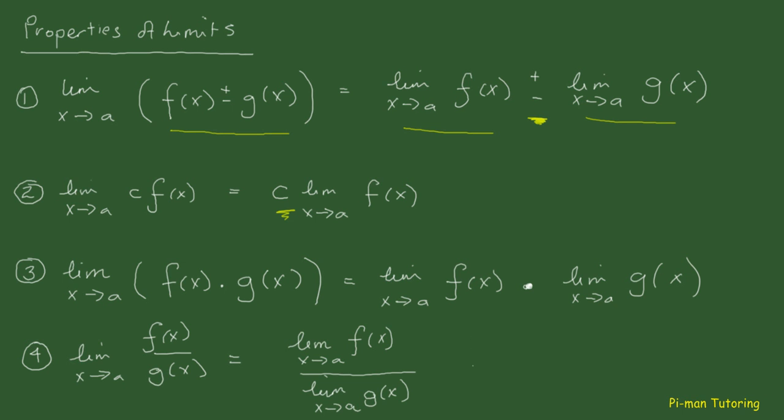But that's only true, of course, if the limit as x tends to a of g of x does not equal 0. Otherwise, this division blows up to infinity.